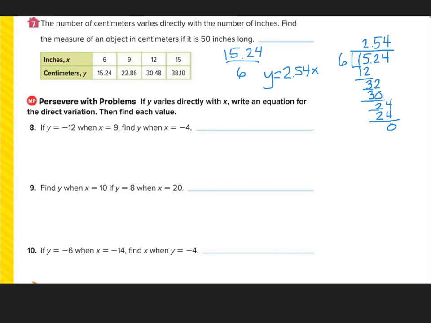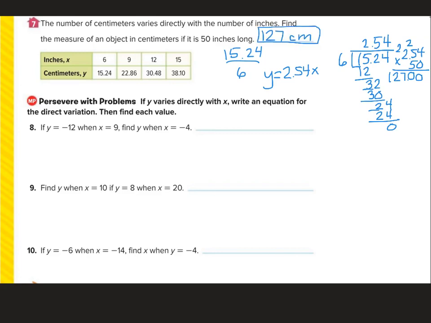Now if I substitute in 50 for x, I can multiply 2.54 times 50 to figure out the measure of an object in centimeters if it's 50 inches long. After doing some multiplication on the side, I see that 2.54 times 50 is 127. So 50 inches long would equal 127 centimeters.